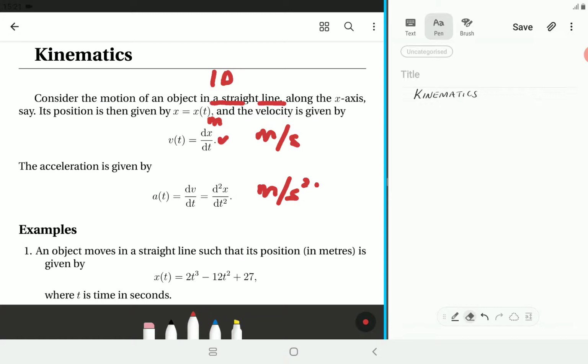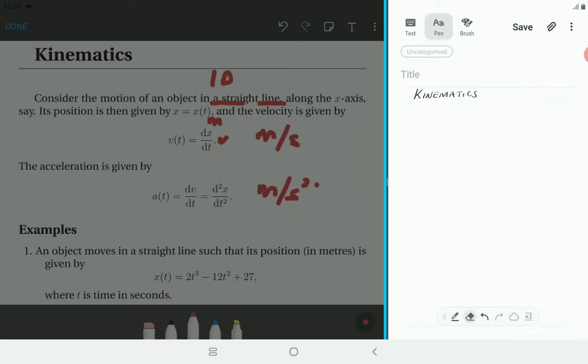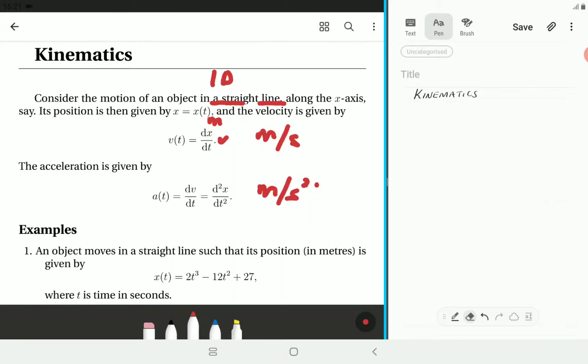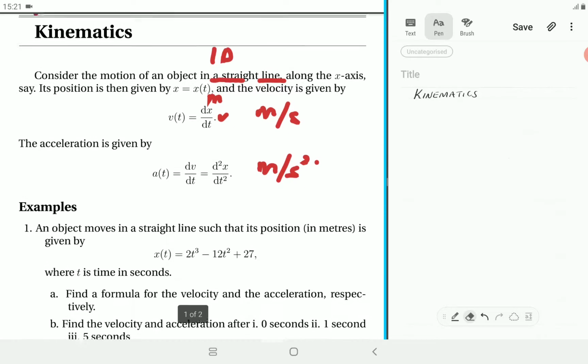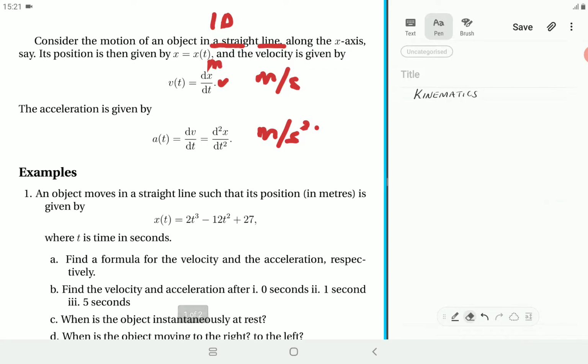So suppose we've got an object that moves in a straight line, so that its distance is given by 2t cubed minus 12t squared plus 27, where t is time in seconds.